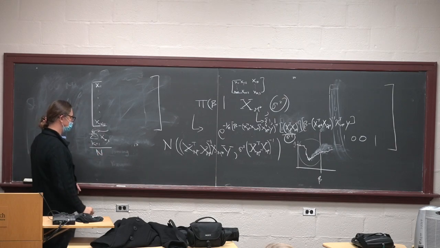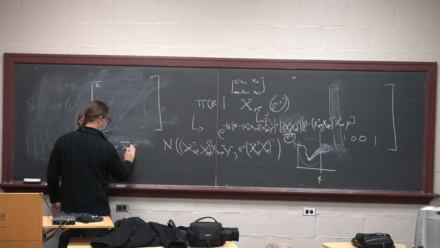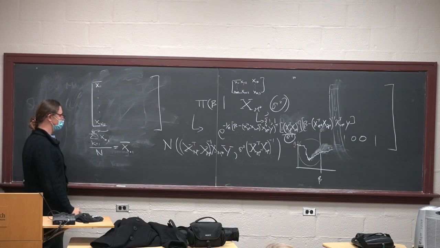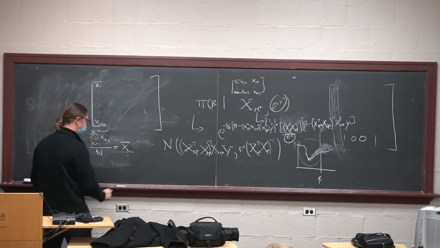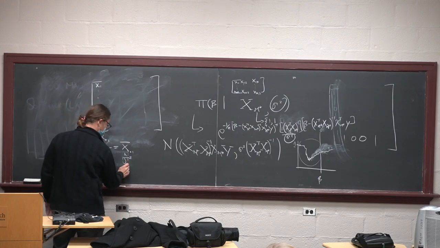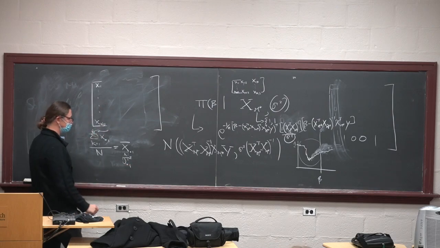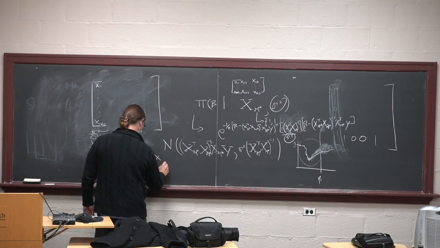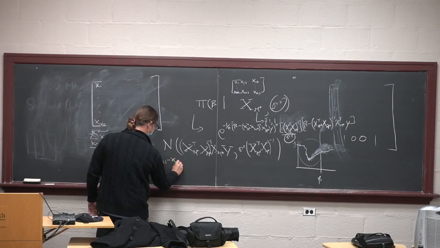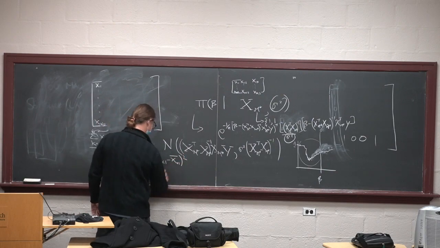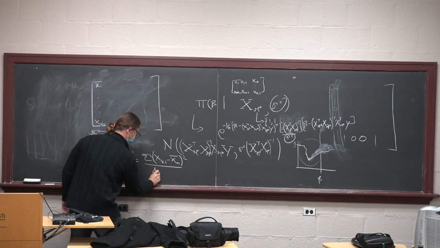That's going to be my mean for the first column. I'm also going to compute an estimate of sigma for the first column. It might look like this: the sum of (x_k1 minus x-dot-1 bar) squared, divided by n minus 1.